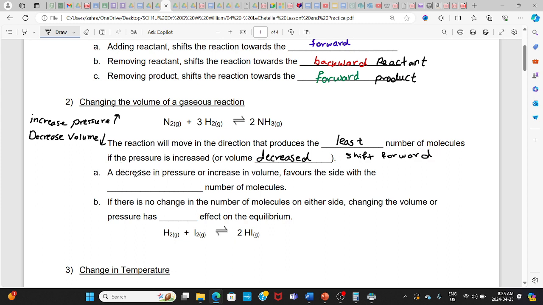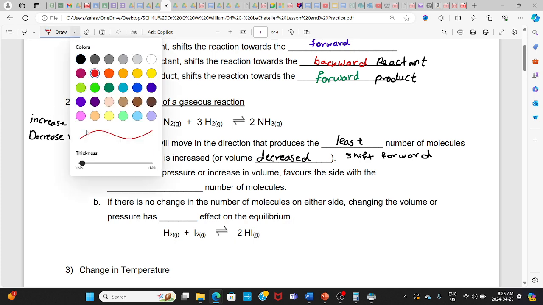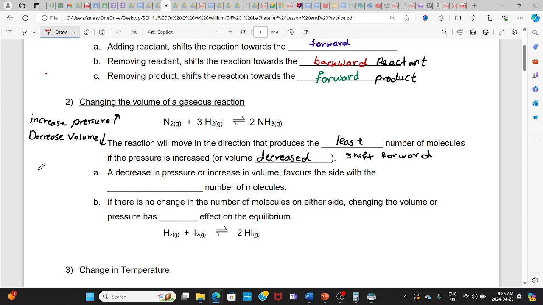Okay, a decrease in pressure. Look at the second one. Now you decrease the pressure. So pressure is going down. Sorry, a decrease in pressure means an increase in volume, right? Now, it favors the side with the largest number of molecules, or higher.